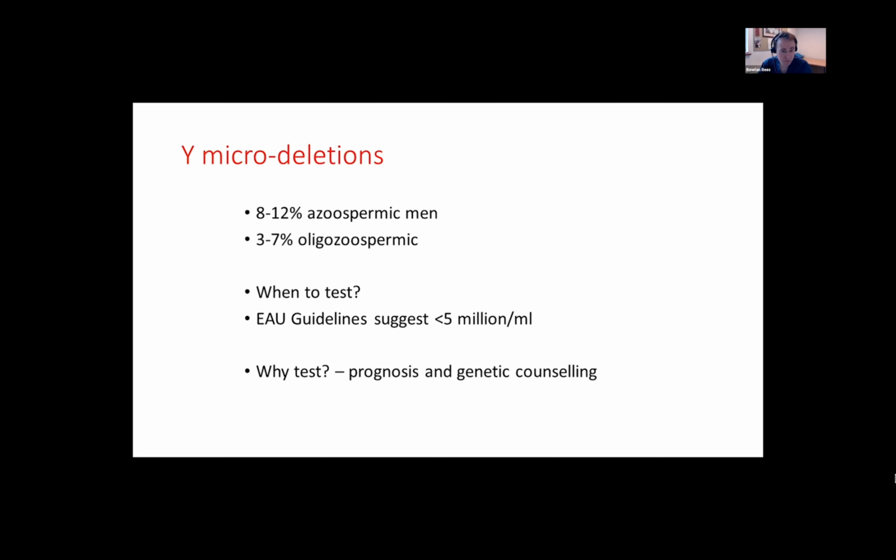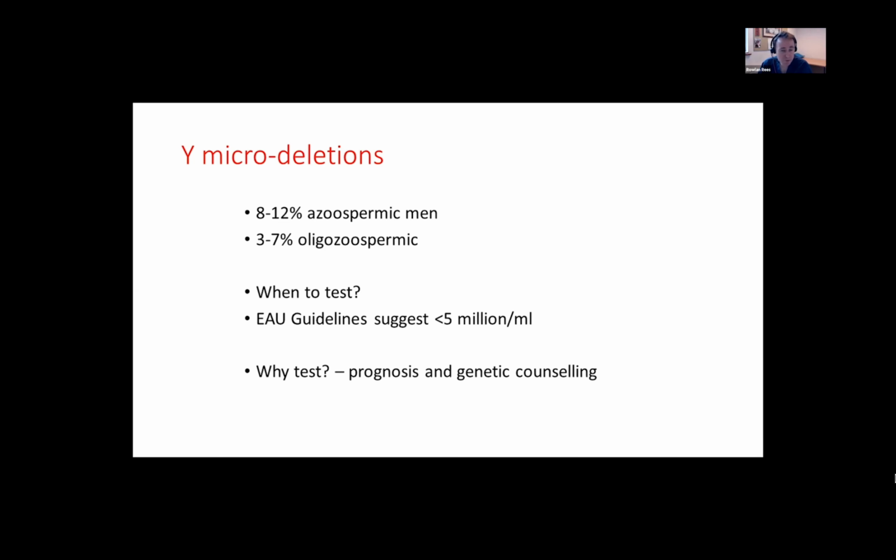As I said earlier, the EAU guidelines suggest that anybody with a count of less than 5 million undergoes this test. Why do we bother testing for this? There's nothing we can do about it, but it affects the prognosis or likelihood of success from surgical sperm retrieval, and it also allows us to perform genetic counseling.